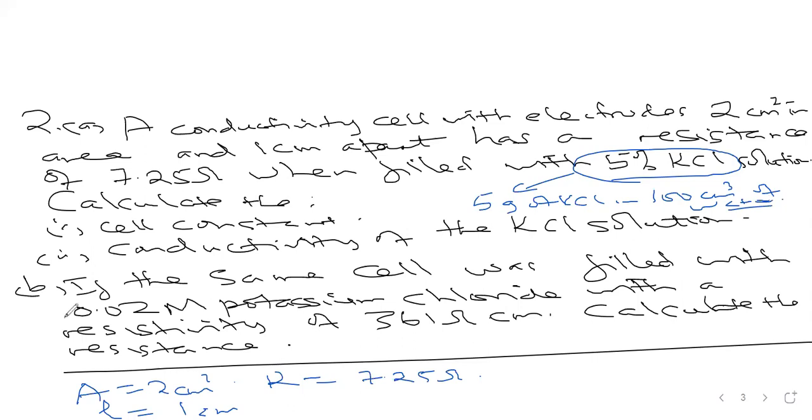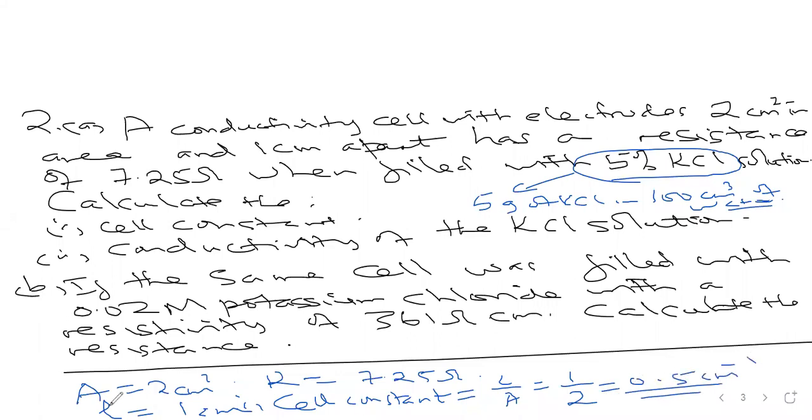The question is asking us to get the cell constant. Here, the cell constant will not waste a lot of our time. Cell constant is simply L over A, which is 1 over 2, which is 0.5 per centimeter, because we have A and L. So we can get it directly from there.